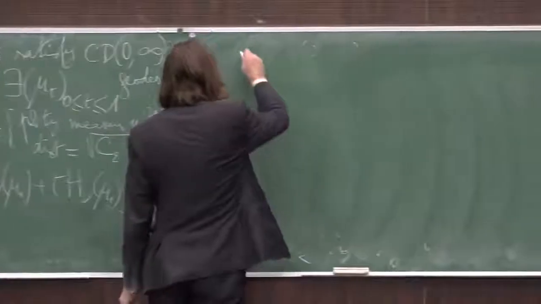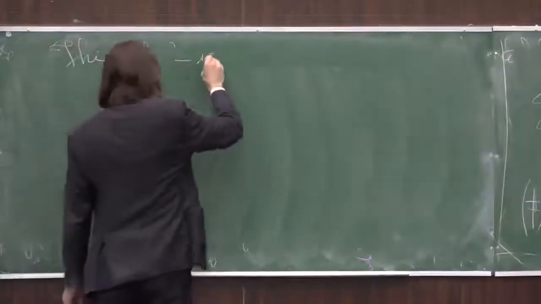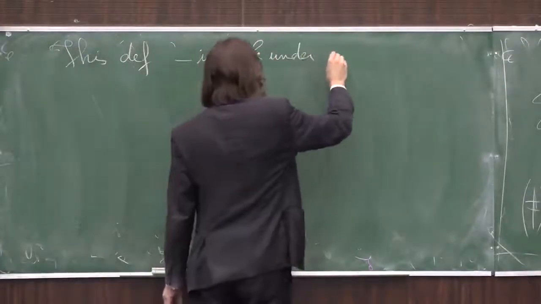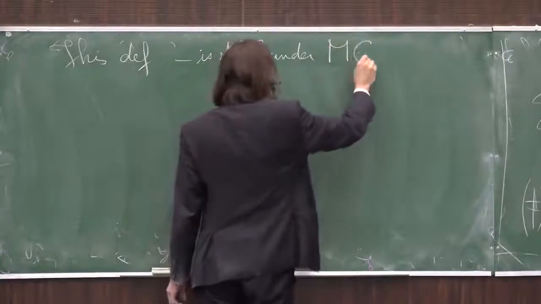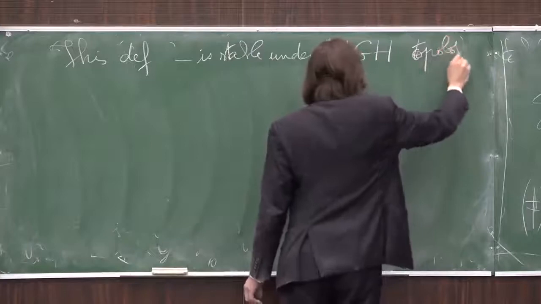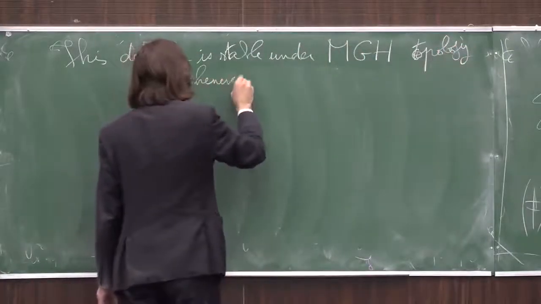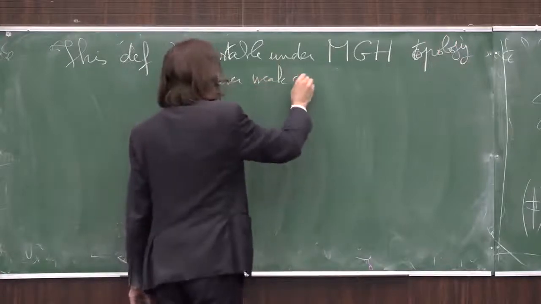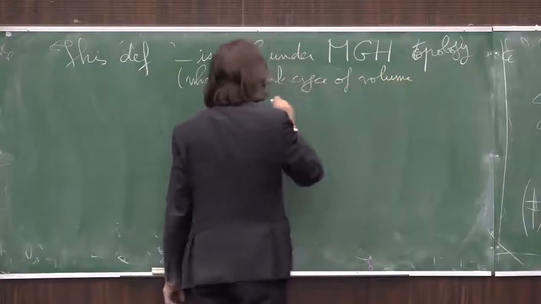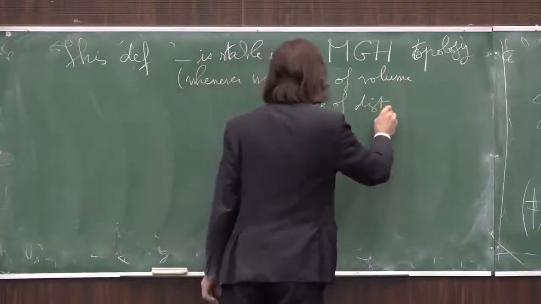And it was shown that this definition is stable under measured Gromov-Hausdorff topology. This means whenever you have weak convergence of the volume plus convergence of the distances, then you have convergence.